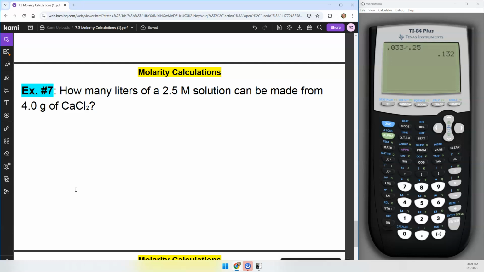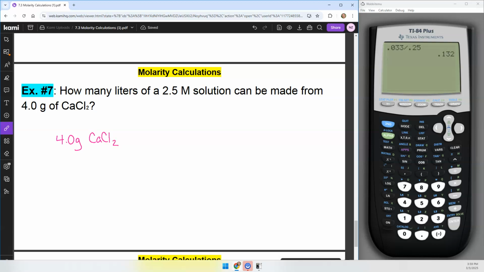All right. How many liters of a 2.5 molar solution can be made from 4 grams of copper chloride? So we're going to do the same thing. We need to convert to moles first, and then we're going to take our moles and convert it into liters. So very similar to the last one, we're going to do this as one continuous calculation this time. So let's start with our 4 grams of calcium chloride.